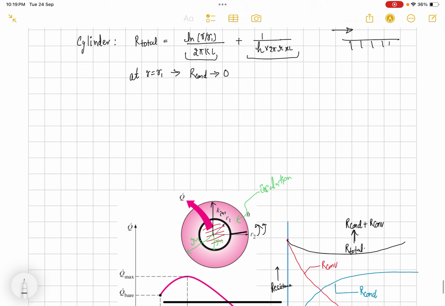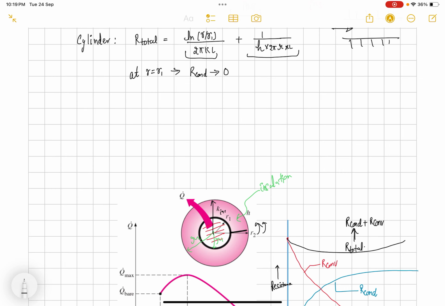So if we increase the radius r, and let's say we are at radius r1, then our conduction resistance will be 0. It means that there is no insulation, and if there is no insulation, there is no conduction resistance due to insulation.